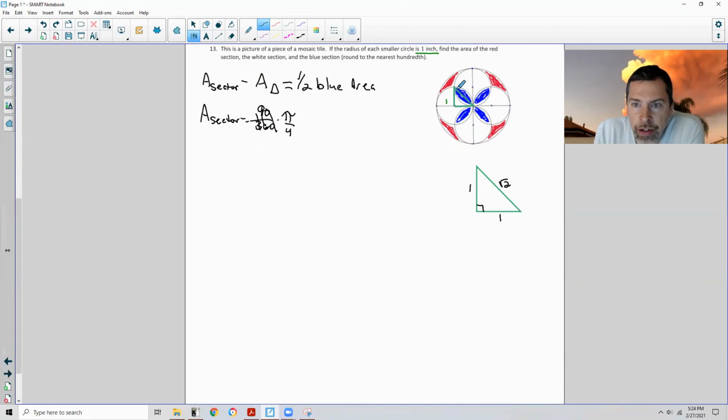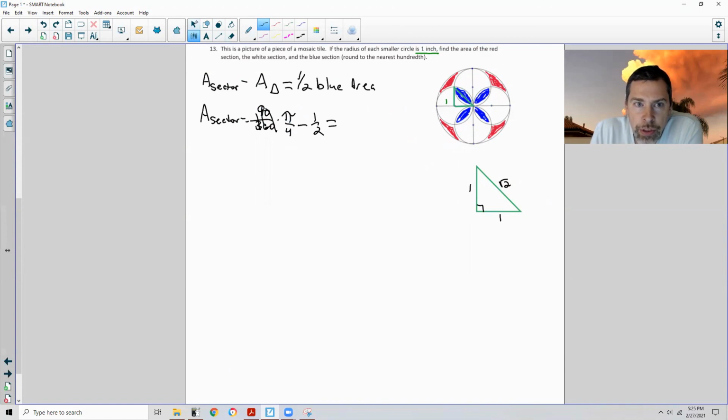So the area of the slice of pie, if you will, is pi over 4. The area of the triangle is 1/2 base times height. So it's going to be the area of the sector minus the area of the triangle, and that is going to equal this outside piece.